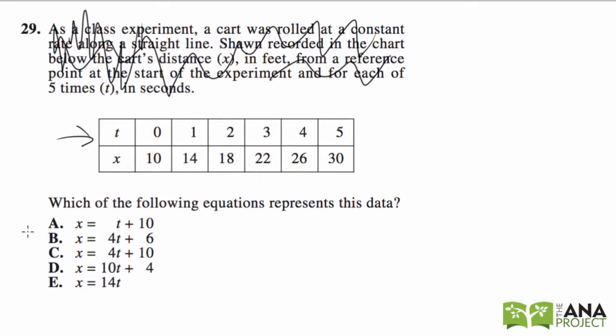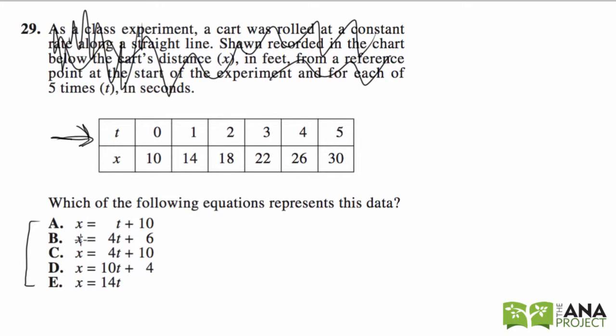It's kind of like a combination of working backwards and picking numbers and plugging in. So this one's a little bit of a different one in terms of strategies. It's a combination between the two. But basically, we can plug in t for each of these, and x should be here.